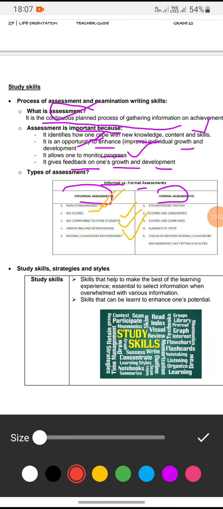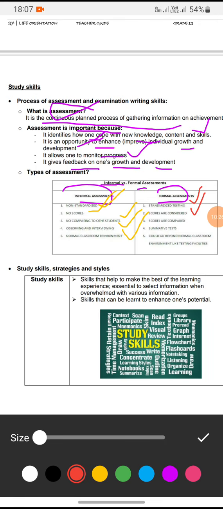So your informal assessments are standardized tests from districts, from your provincial, national. Scores are considered. They put them in your mark sheet. Yeah, these are things that you know, man. Like, LO is something that you know. Life orientation is something that you are familiar with.